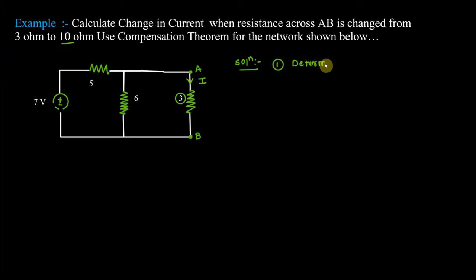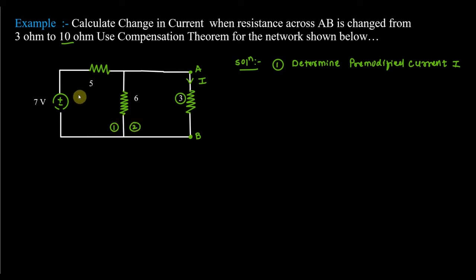determine the pre-modified current I. I will use a simple method which we have already studied in the last lectures, mesh analysis. You can see that it has two meshes. This is the first mesh and this is the second mesh.